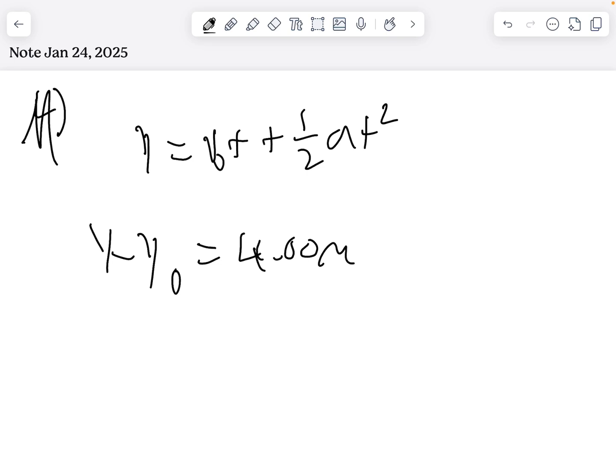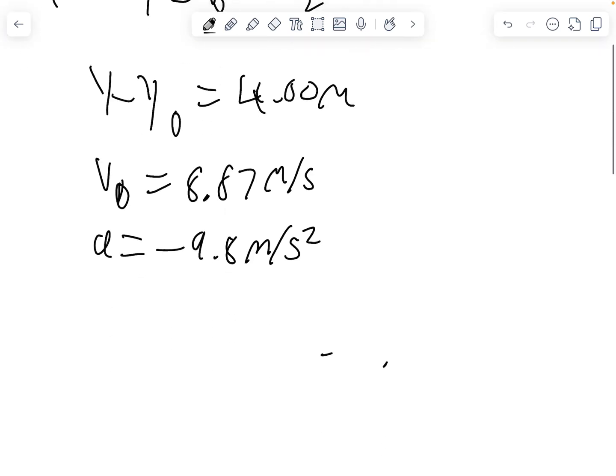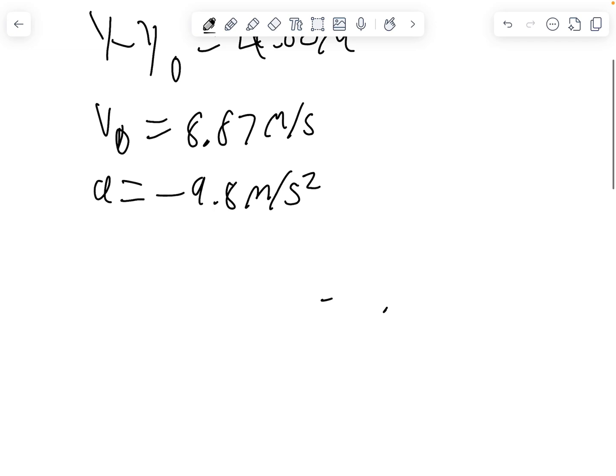We know the initial velocity from the previous part, and then we know the acceleration of gravity because, I mean, if you don't know it by now, then are you even in physics? So we're going to rearrange it into a quadratic equation.